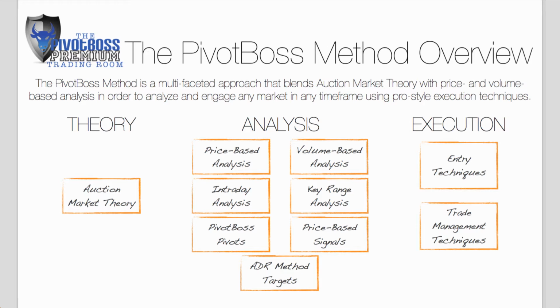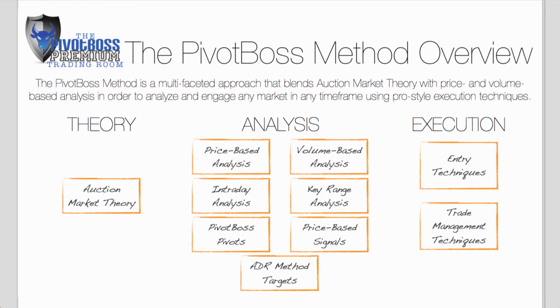approach. This auction market theory portion basically gives us our trading plan as traders, as market participants. It gives us our plan of action. It gives us our roles in the market, whether we're responsive buyers or initiative sellers. It gives us ideas about who's influencing price at major turning points.